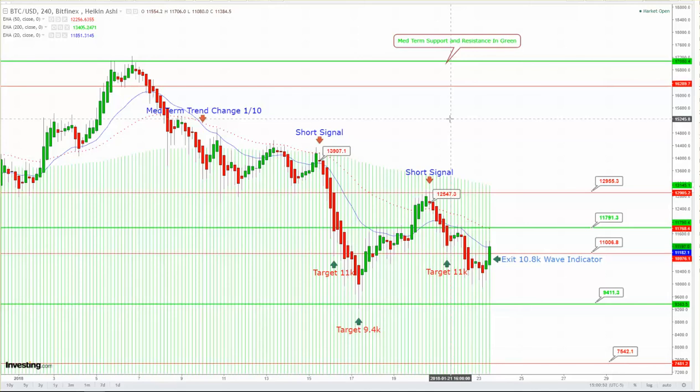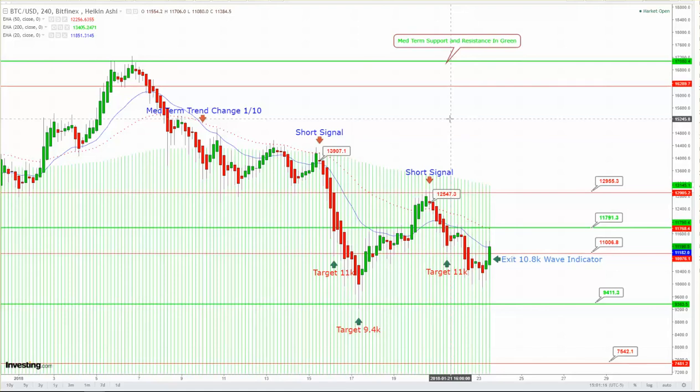The red are always more important, and they can override the greens. But in a medium time frame, you want to be cognizant of the green support and resistance lines, because we're going to be swinging. Swing trades are trades that might last anywhere from 2 to 3 days to 2 to 3 weeks, depending on how long the wave might go.